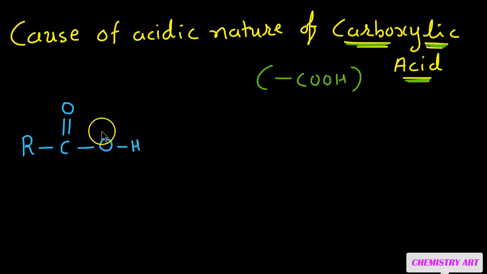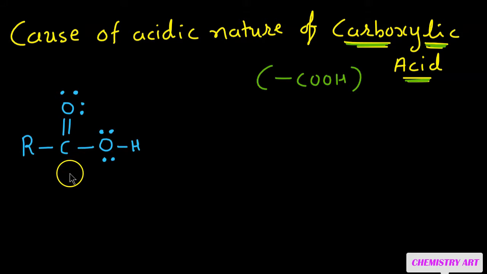Here this oxygen has 2 lone pairs of electrons, and this other oxygen has 1 and 2 lone pairs of electrons. So the carboxylic acid may be regarded as a resonance hybrid of structures.